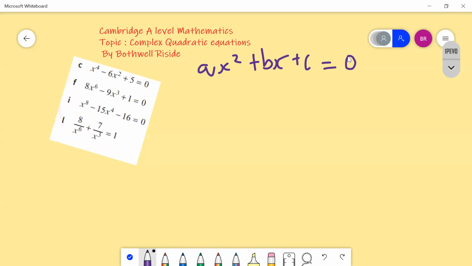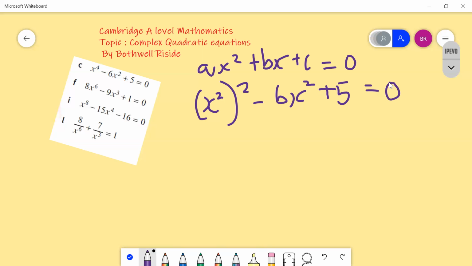It's quite easy. Now, when you're given a number like this one, try to check how you can make this be to the power of 2. So I'm going to say x to the power of 2, and I put this whole thing to the power of 2, minus 6x to the power of 2, then plus 5, and the answer is equal to 0. What I've simply done here is to write this to the power of 2.